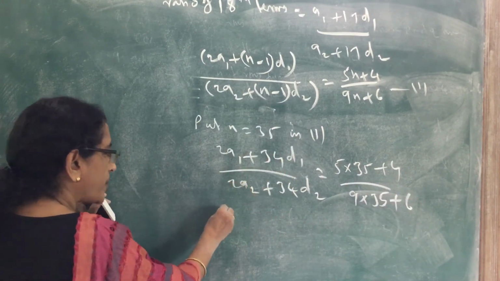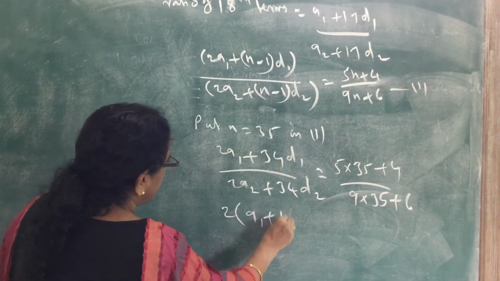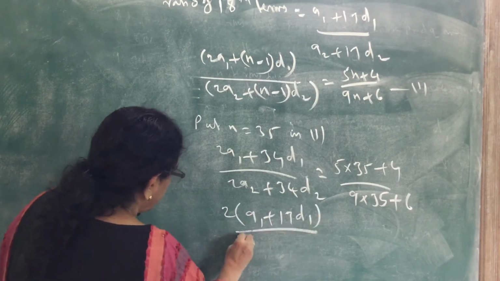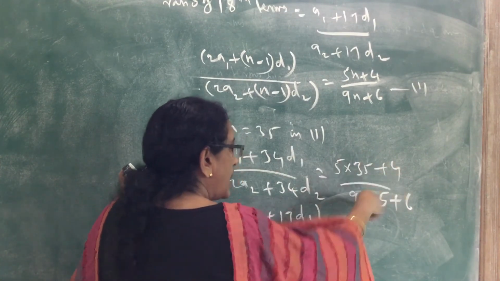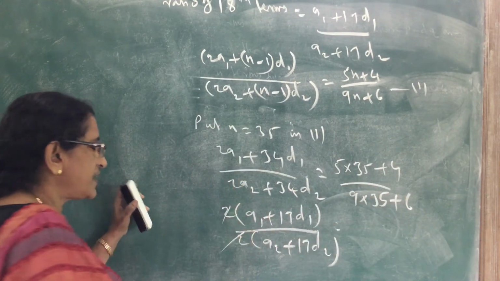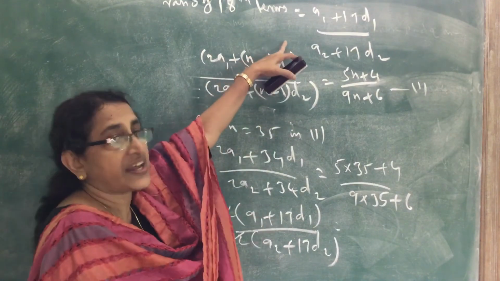Taking 2 common, 2 into (a1 plus 17d1) divided by 2 into (a2 plus 17d2), the 2 cancels and we get the required ratio.